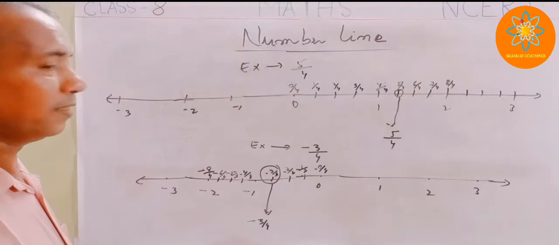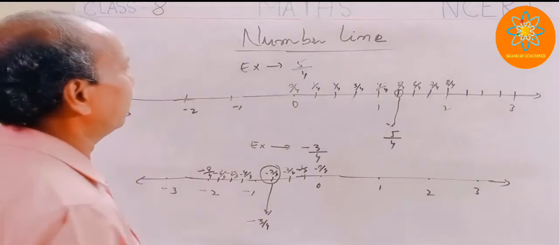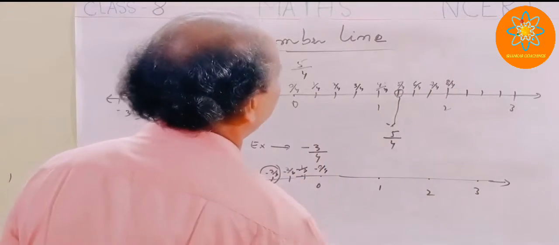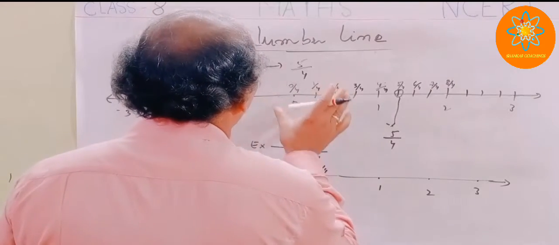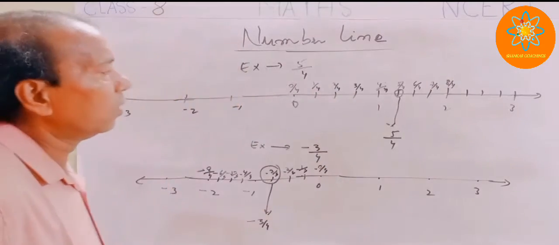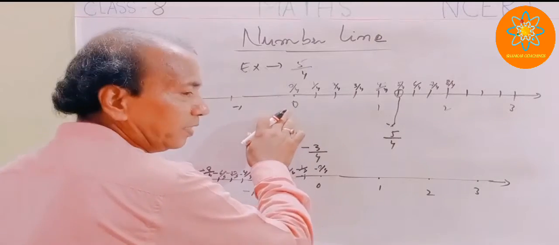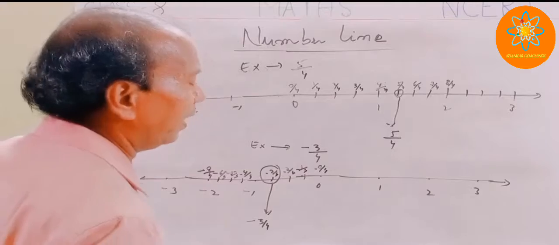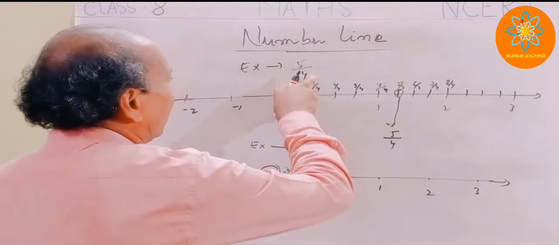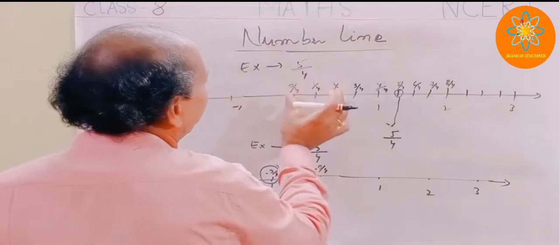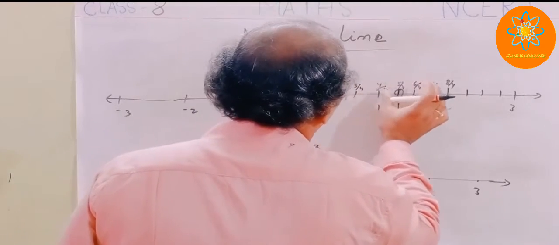So in brief I can say, suppose you want to represent any rational number on the number line, then first of all what will you do? First of all you will draw the integer number line, and then you see whatever is in the denominator, that you have to divide part by part.